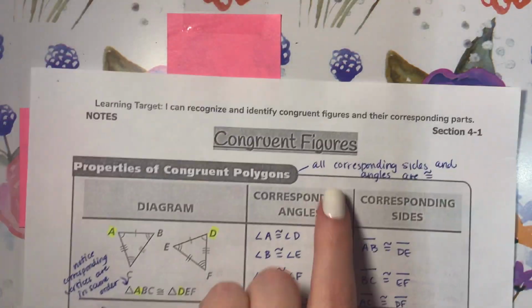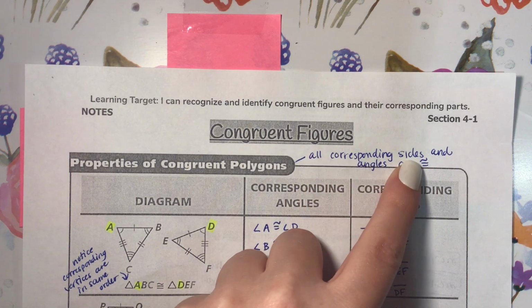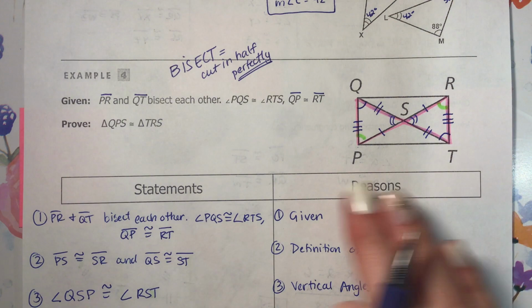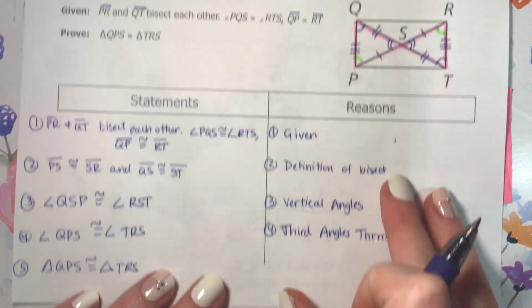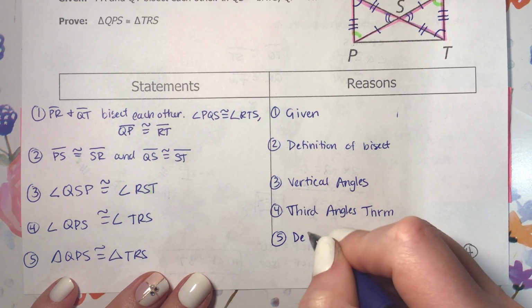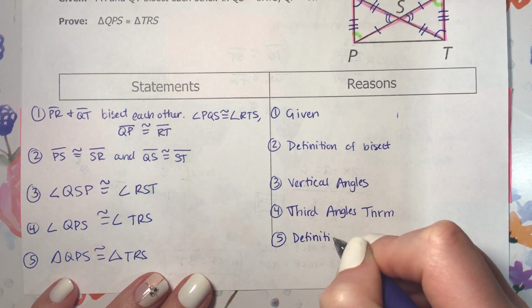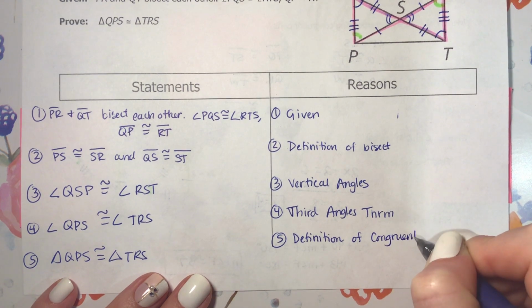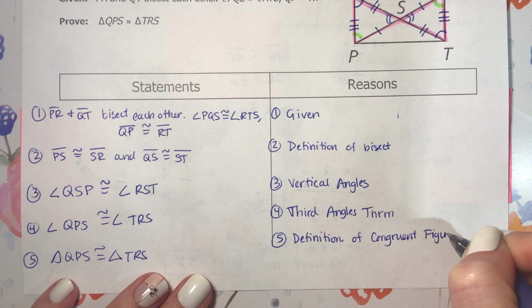Remember, the definition of a congruent figure is all corresponding sides and angles are congruent. And we have proven that and shown that in this problem. So we are going to say, why are they congruent? Definition of congruent figures.